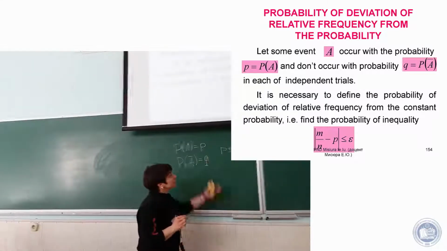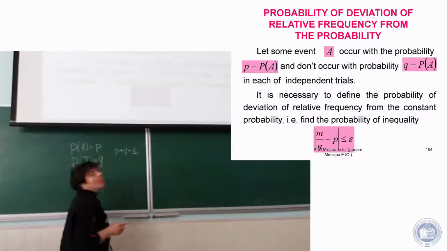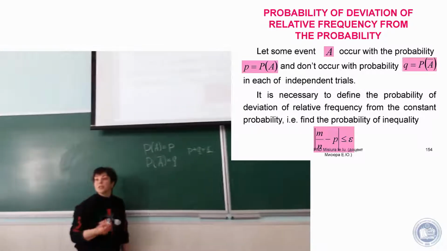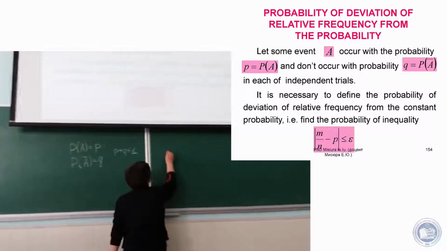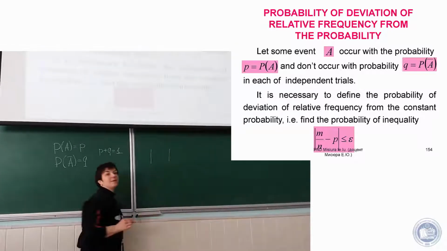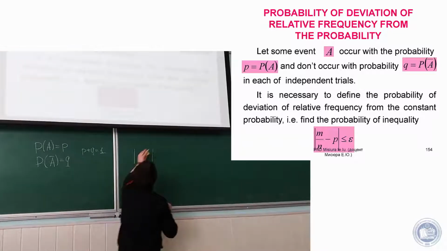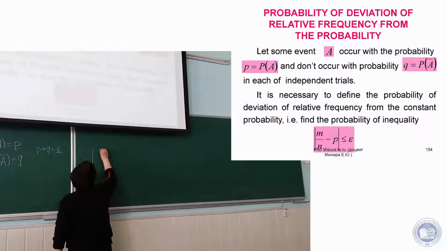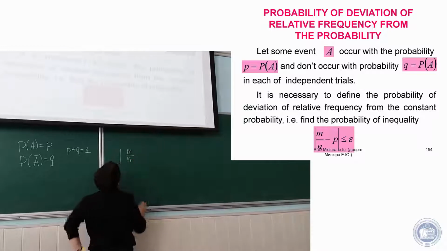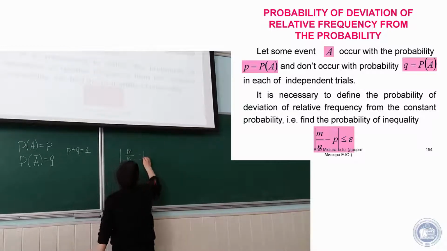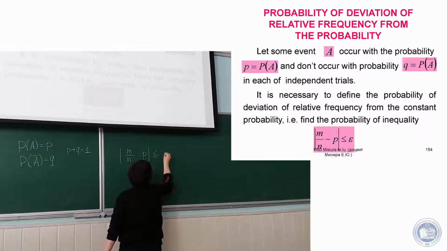Now, let's learn this deviation. Students, do you remember this symbol? Module. It will be module m divided by n minus p will be less or equal to epsilon.